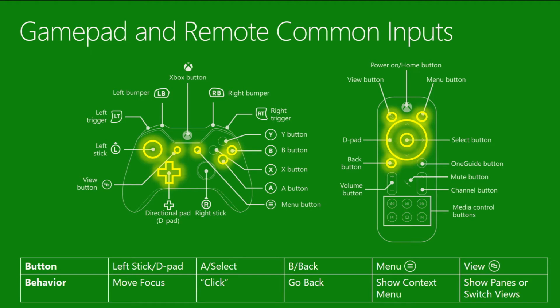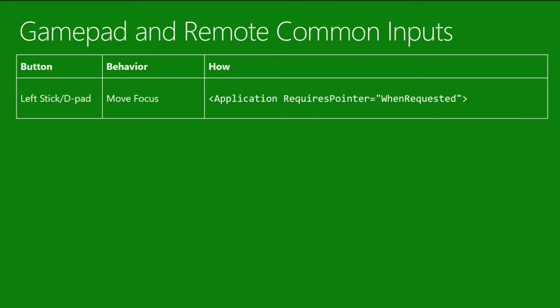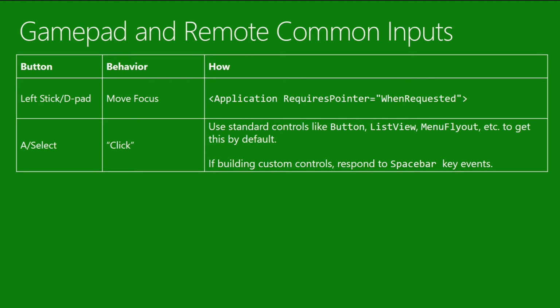So combined, on the left side and the right side, that's what they look like together. You can map them. The left D-pad stick, again, is the move focus. And in the application, we want to change the requires pointer to equal when requested. This gives us that focus that we really like. The A, which is select, is also like a click. This is just a click event.